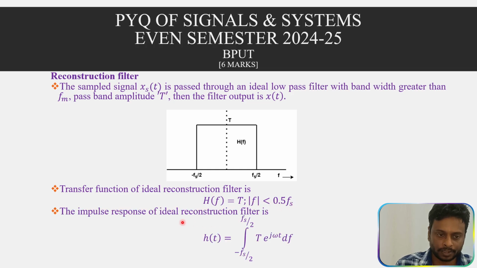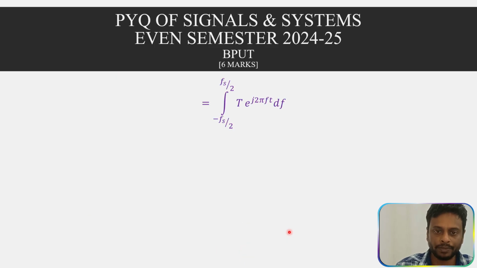The impulse response of the ideal reconstruction filter is the integral from minus f_s/2 to f_s/2 of T e^(j omega t) df. In place of omega we can write 2 pi f.